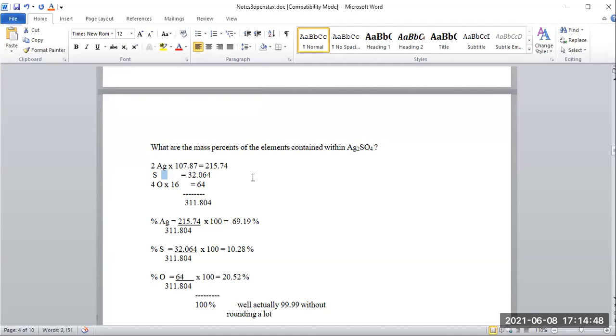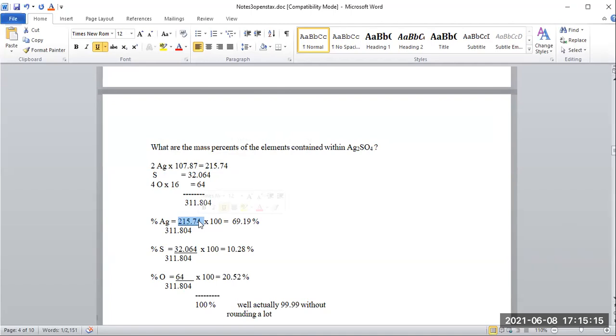But look, I've already done part of the math that I need for the next steps. So the 215 that I multiplied across, I can pull down and dump on the top when I am calculating what my percent of silver is.